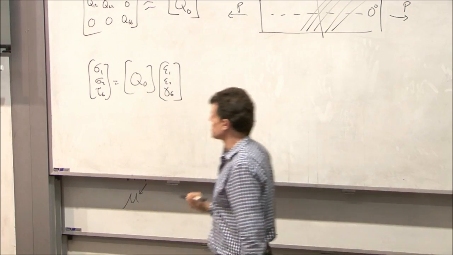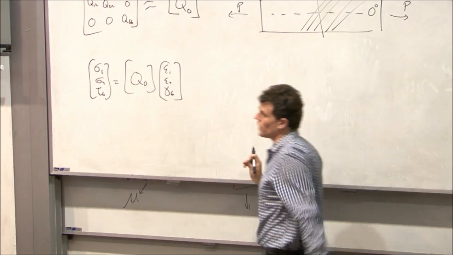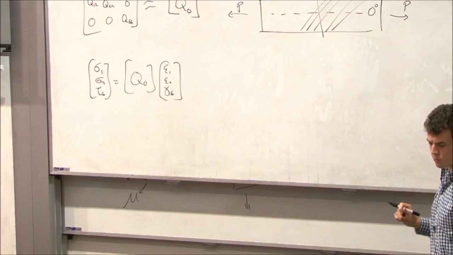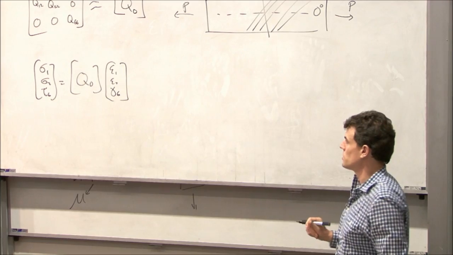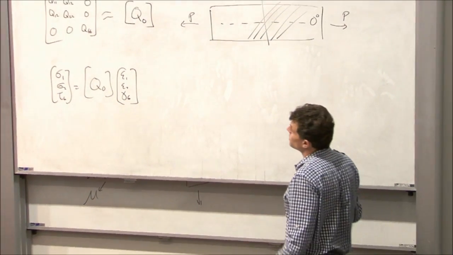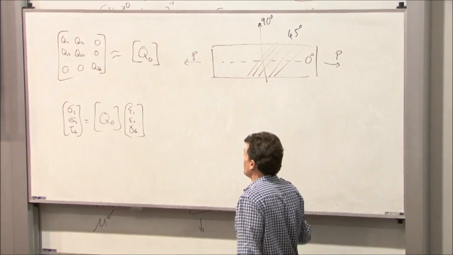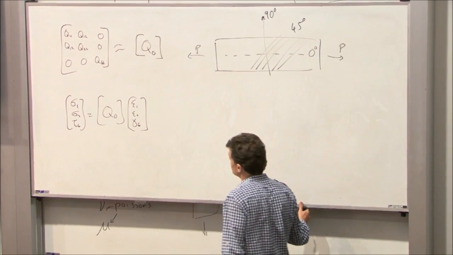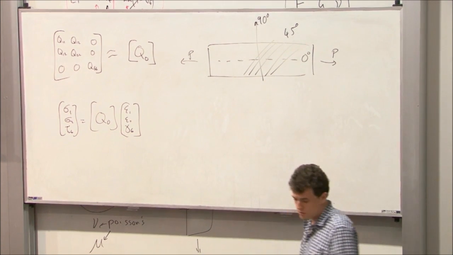So we've got this situation where we've got a stiffness matrix for the material in its normal coordinate system, but what we really want is a stiffness matrix for the material in a general coordinate system. So we want this general one up here. And for general coordinates, we use x, y, and z.